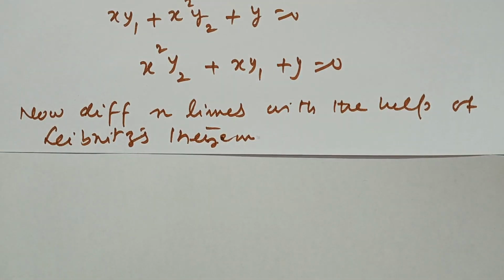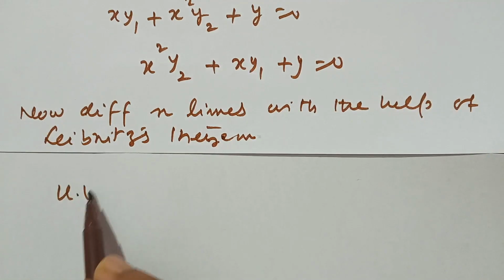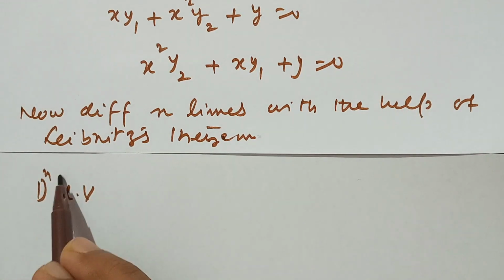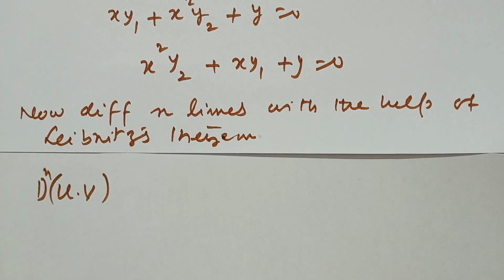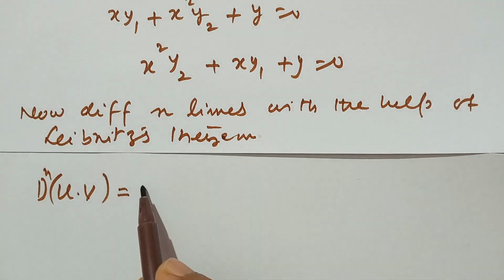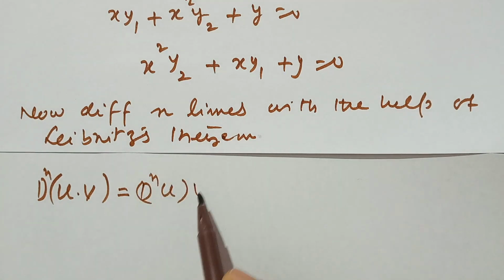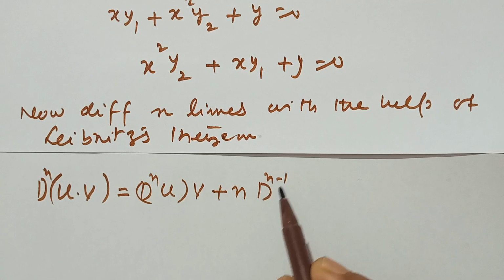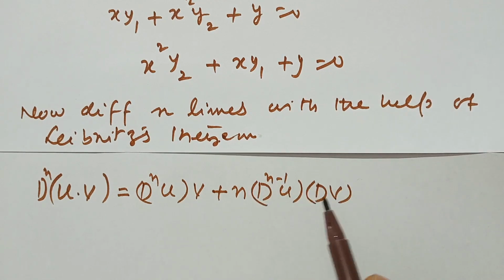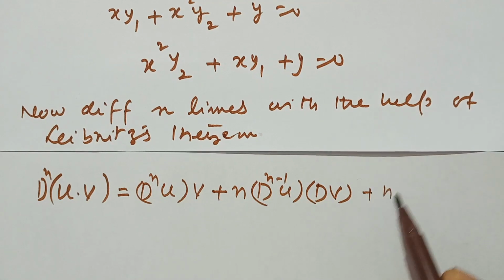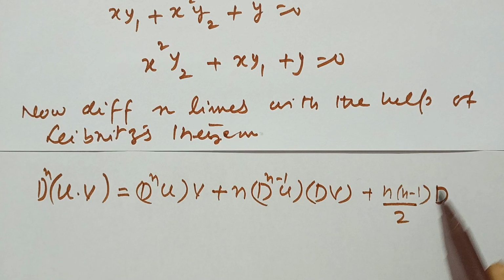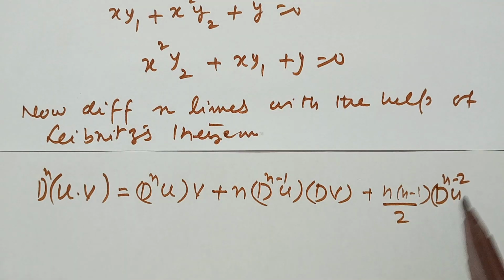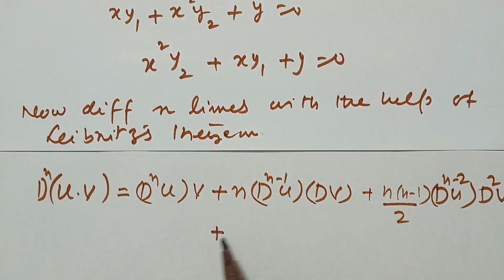Leibniz theorem says that if u and v are two functions of x, then the n-th differentiation of uv, dⁿ(uv), is: first you differentiate n times the first function, dⁿu times v as it is, plus nC1, which is n, times dⁿ⁻¹u times dv, the first derivative of the second function, plus n(n-1)/2 times dⁿ⁻²u and d²v, and so on up to the last term, u as it is times dⁿv.